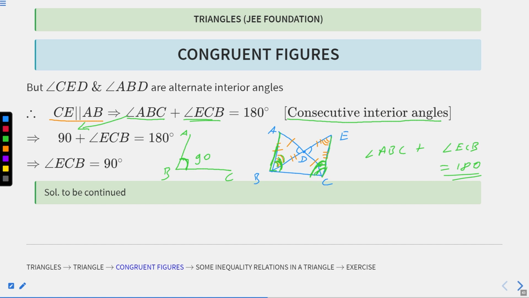Sorry for the error, a slip of the tongue. So the angle ABC and the angle ECB add up to 180 degrees, and this means the angle ECB is 90 degrees. I hope this is all clear. Now I have both of these angles equal to 90 degrees.